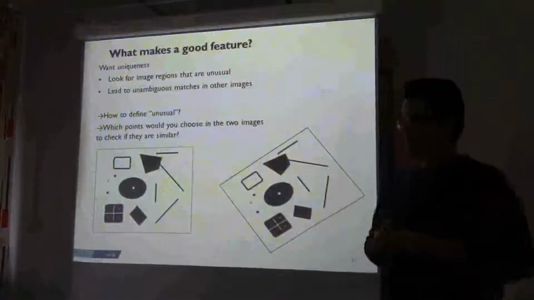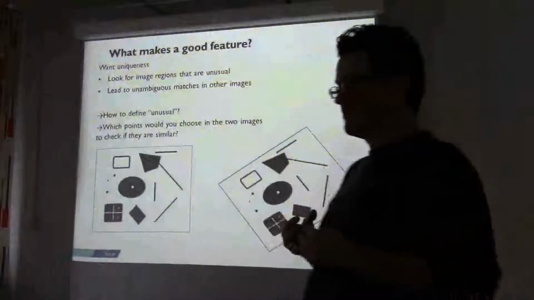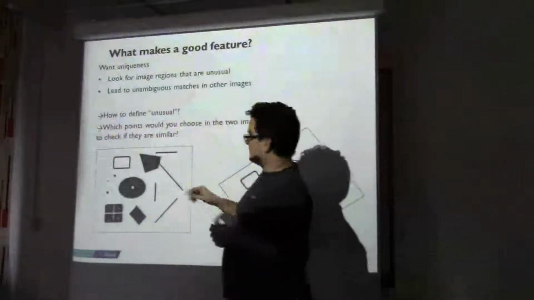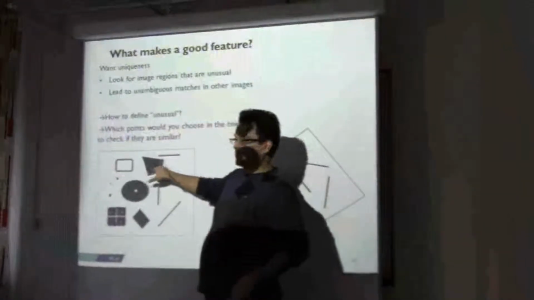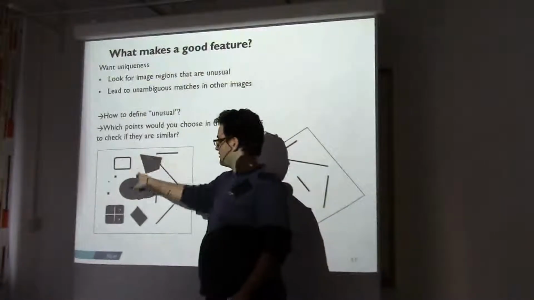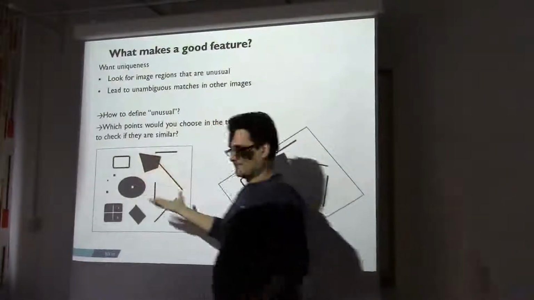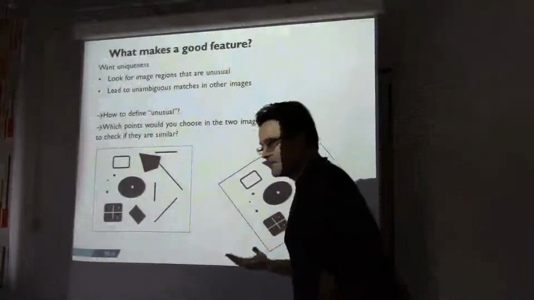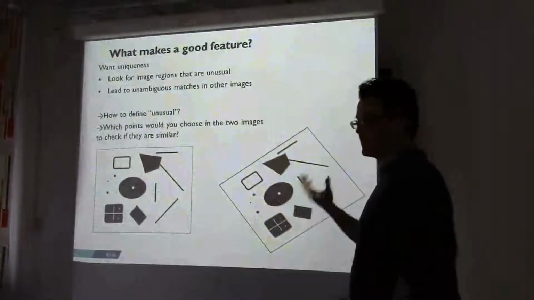But I could mark it anyway and reference its position with the neighboring positions of the other points. Yeah, with respect to the others. So you still need these points. But well, the idea behind is that the point should be unique enough in the neighborhood.